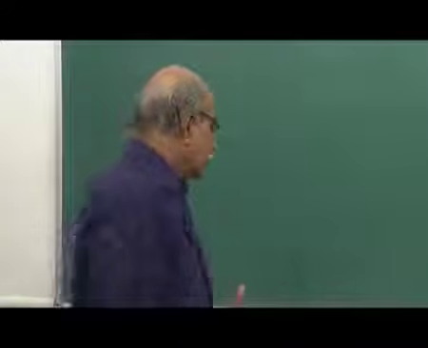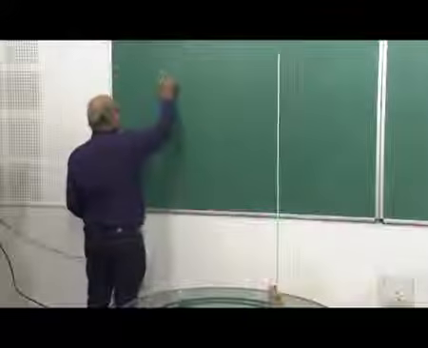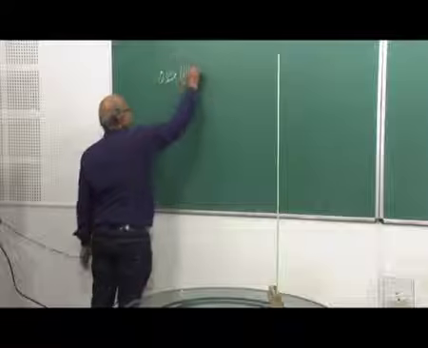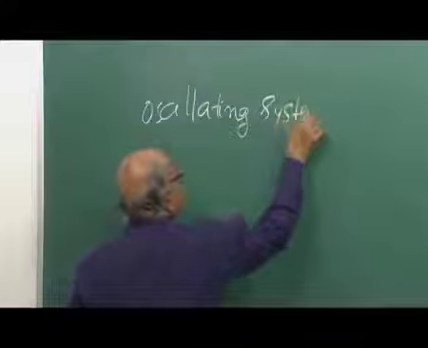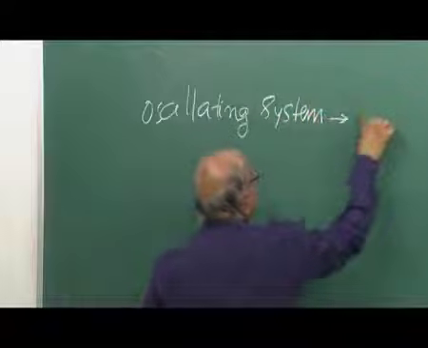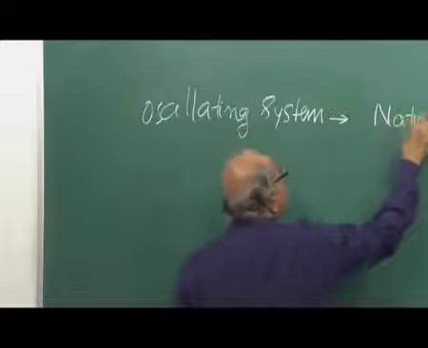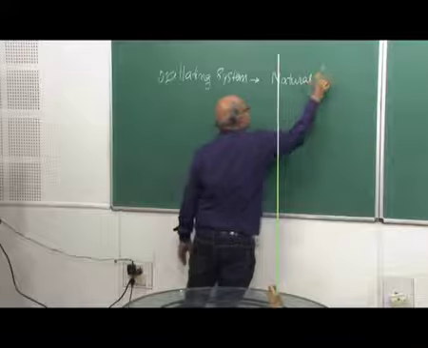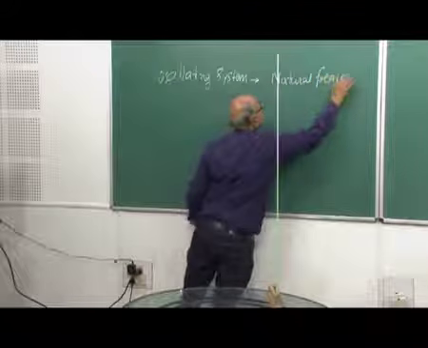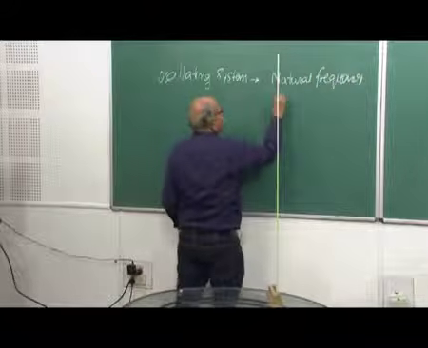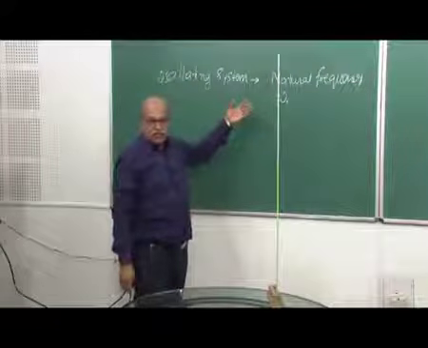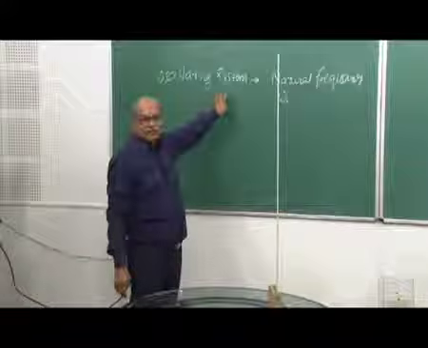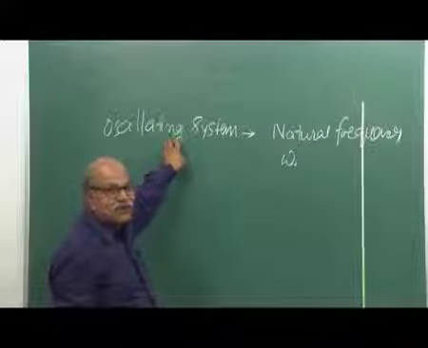Okay? So you have an oscillating system, and this has its own natural frequency, which you call omega naught, and this natural frequency comes through the restoring force mechanism that allows this system to oscillate.